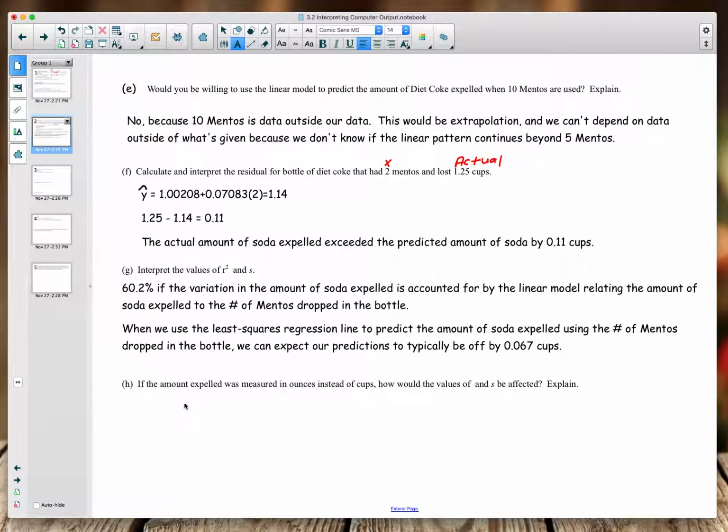Okay, all right, so then the next part: if the amount expelled was measured in ounces instead of cups, how would the values of r squared and s be affected? Explain. If you remember, correlation is going to stay the same no matter what, so that's not going to affect anything. However, your standard deviations are measured in the units of y and x, so it is going to be different based on your ounces. So we'll just type that in.